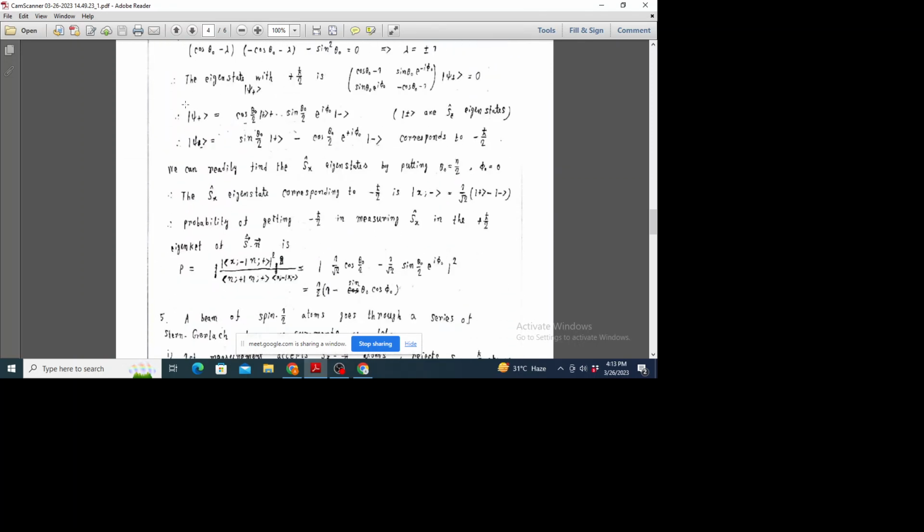Now in our general formula for the minus h cut by 2 eigenstates, we just need to put theta naught equal to pi by 2 and phi naught equal to 0.